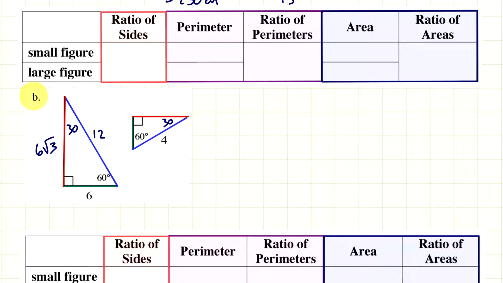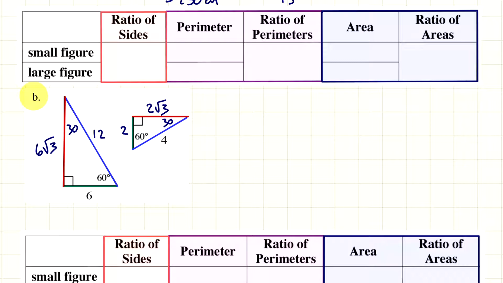If the hypotenuse was 12 here, the short leg was 6. On this one, the hypotenuse is 4, so the short leg is going to be what? If you say 2, you would be correct. So that's a 2 that goes there, which means the long leg is going to be 2 root 3. So we have all the sides.